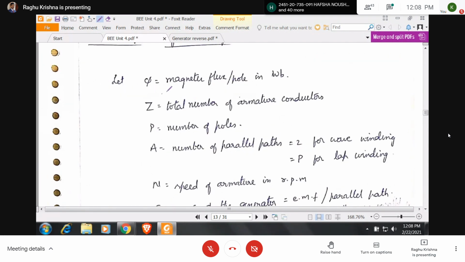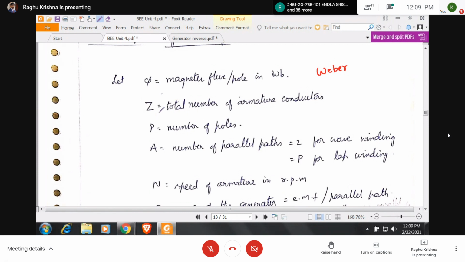Phi is the magnetic flux per pole, and the unit is Weber.